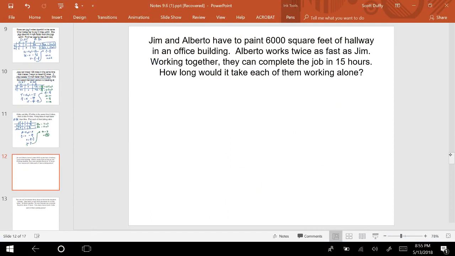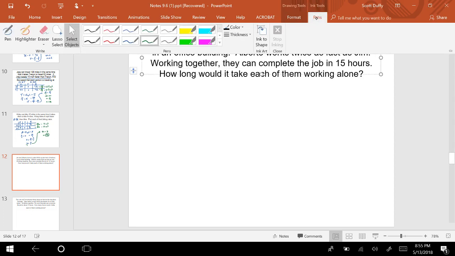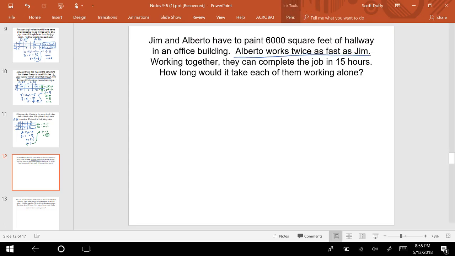Jim and Alberto have to paint 6,000 square feet of hallway in an office building. Alberto works twice as fast as Jim, and working together they complete the job in 15 hours. How long would it take each of them working alone? Okay. So, what we know is that there are 6,000 square feet total, and Alberto works twice as fast as Jim.